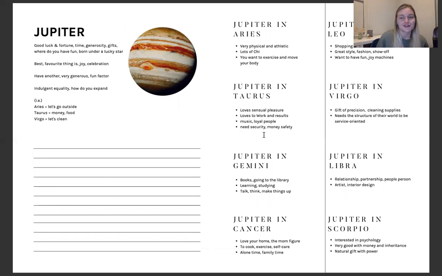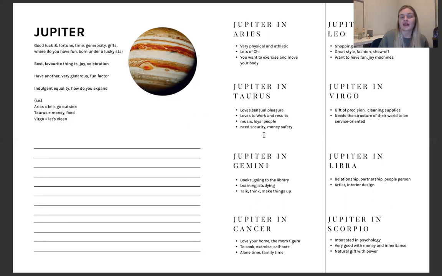Okay. Jupiter is the biggest planet. It is all about good luck and fortune, generosity, gifts. It's the planet of abundance, and what things bring you abundance or make you feel very joyful in life. The energy of it is celebratory.